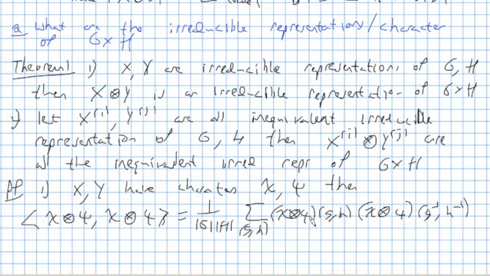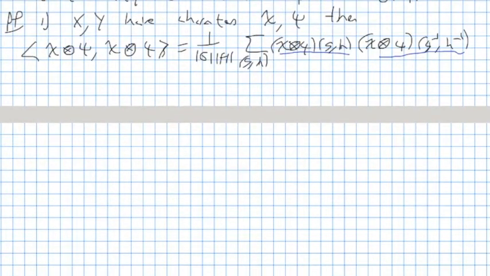Now we've seen before that this character value is just the product of the characters of g and h. So let's use that. Then we can break this into the sum over g and h, and we break each of these as a product.